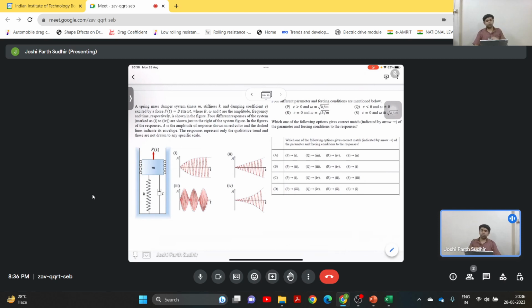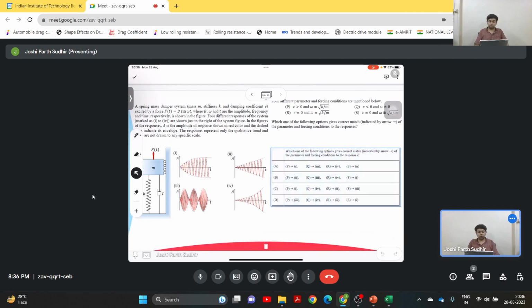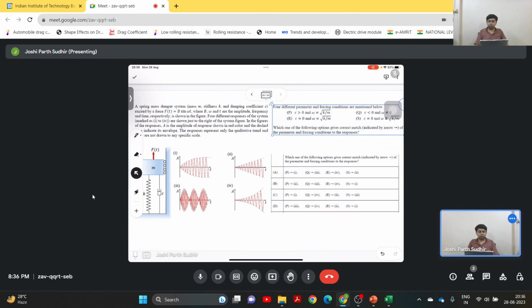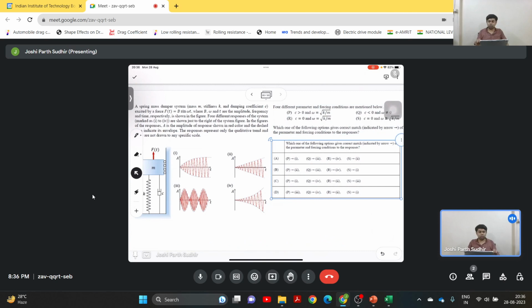We have been given four different kinds of responses, and we have to match these responses to the particular conditions, or parameters, for which the response will be observed.